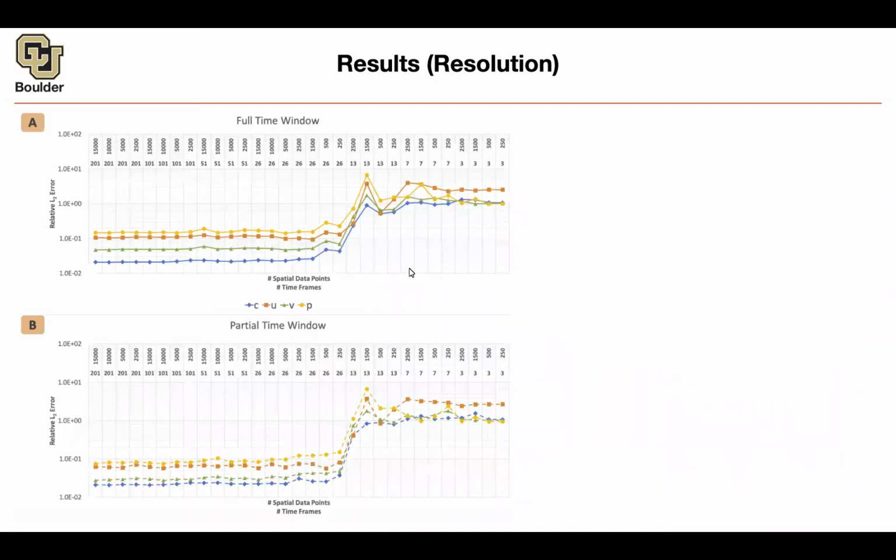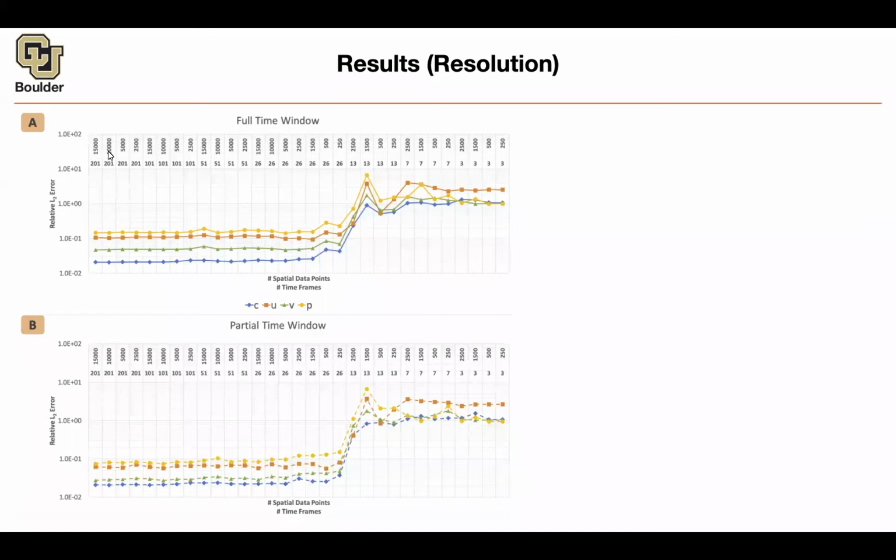So we had this reviewer of our paper asking us to do a systematic study with respect to the resolution of a point cloud. We are using a single point cloud, but how sensitive are you to the resolution of your point cloud? What if you have 201 time steps and 15,000 points in your space?